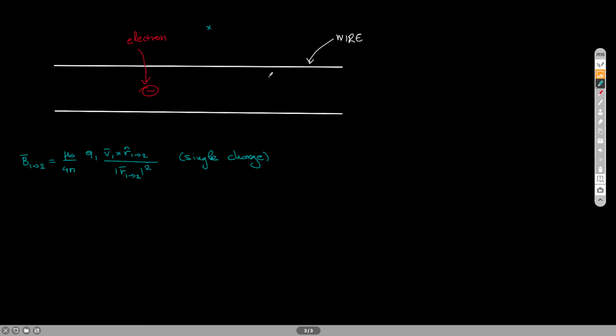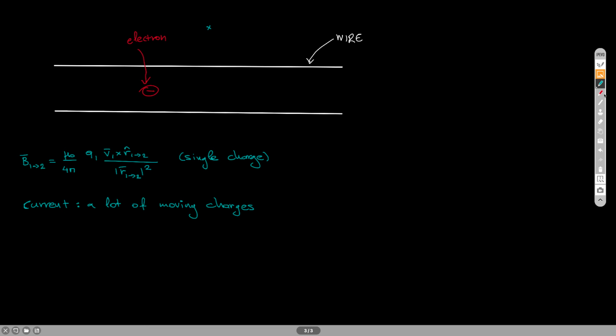Now, here's the thing though. If I have a wire and I connect this wire with a battery, with the power supply and the bulb or a resistor or a capacitor and so on, I will end up having a current in this wire. And when we say current, typically this means a lot of charges, in particular, a lot of moving charges, not just one.